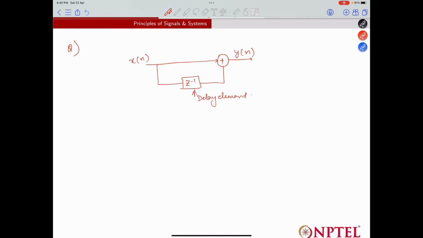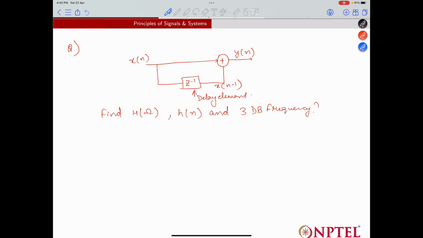So this will become x of n minus 1, because one delay element is added. So find h of omega, h of n, and 3 dB frequency. We will see all these terms and how to find them.